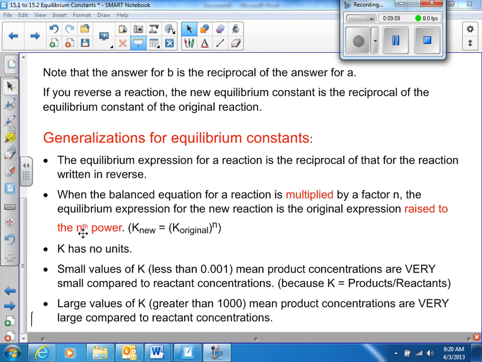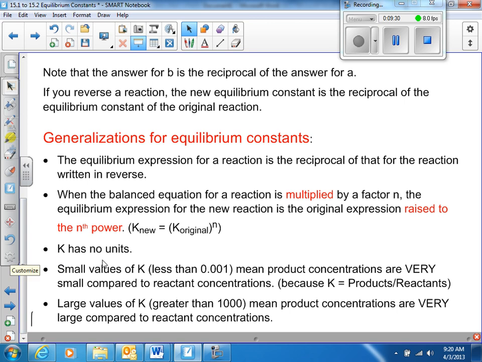Kind of like Hess's law, but Hess's law was all addition and subtraction, so we just added the different delta H's. With equilibrium constants, because equilibrium is all multiplication and division, we now have to raise to a power rather than adding or subtracting.